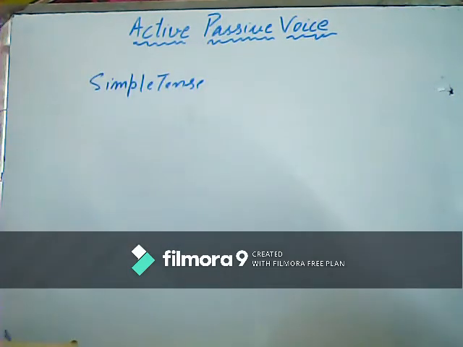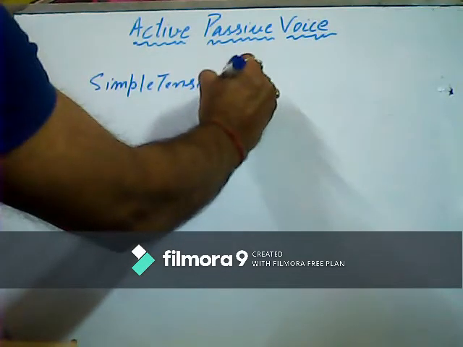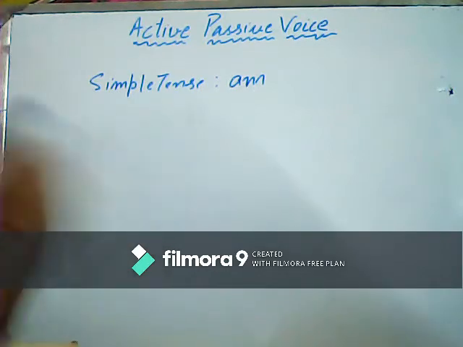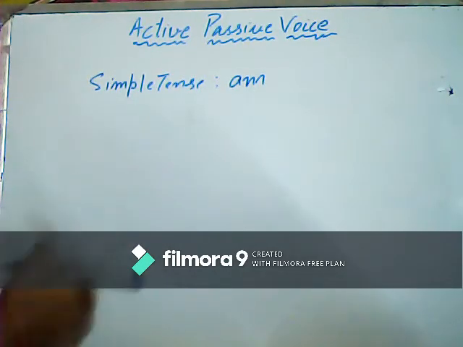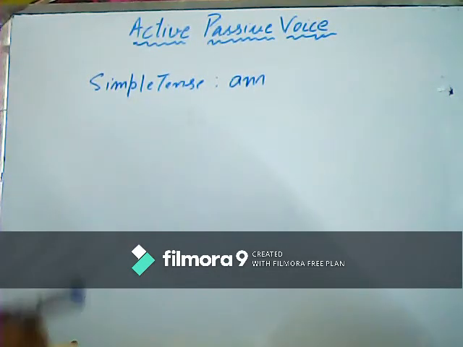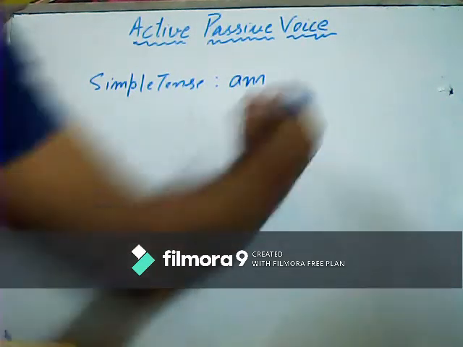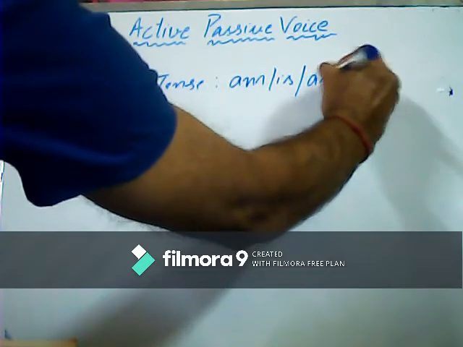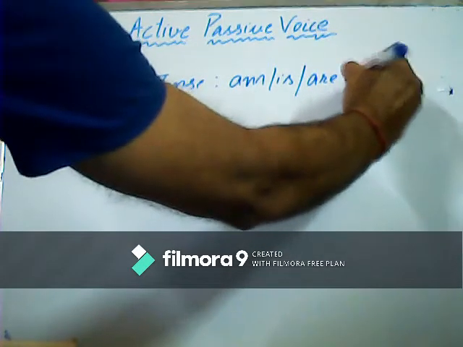If the sentence is in simple present tense, what changes will we make? Now the object becomes the subject, and according to that new subject we will use am, is, are plus the third form of the verb.